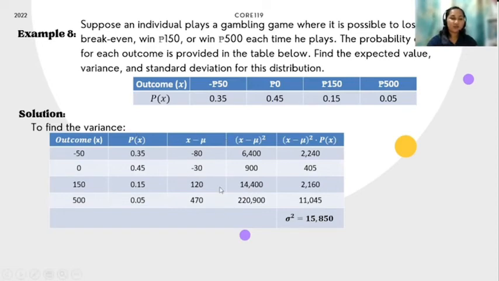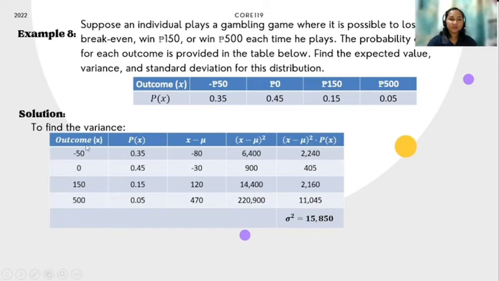Our third column is the difference between the outcome and the population mean, or the expected value. The fourth is the square of the difference between the outcome and the population mean. And for the fifth, we just multiply the value from the fourth column by the second column.